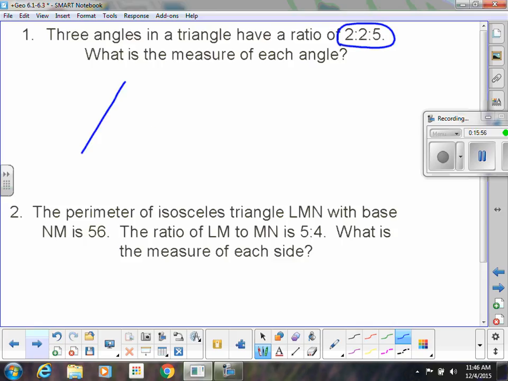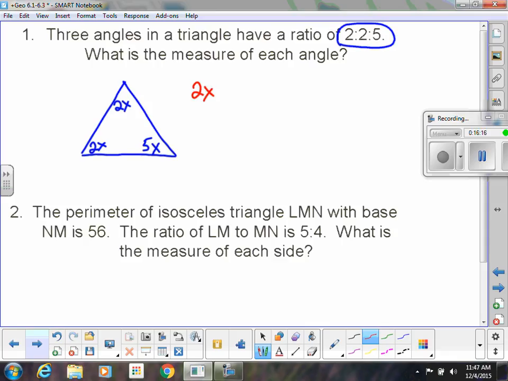So just draw a triangle. And again, we don't know exactly what they are, but we just know the ratio. So just put some variables behind it. Let's use x. So 2x, 2x, and 5x. All right, so now what can we do? We can set up an equation. All of these angles add up to be 180.